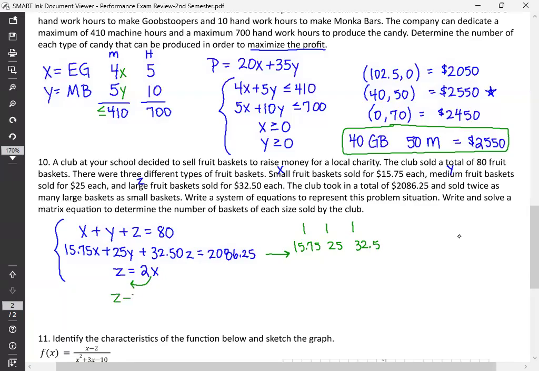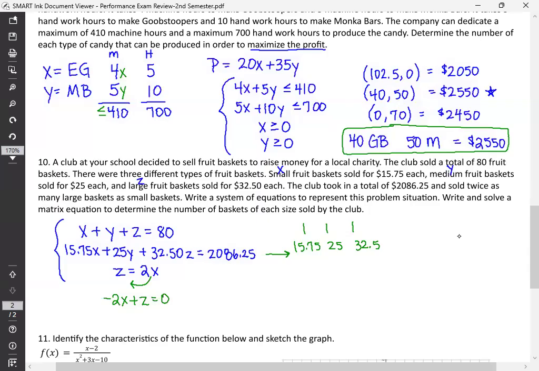That's going to make z minus 2x, or if we wrote it in order, put the x in front, so negative 2x and a positive z equals 0. It is also possible to subtract the z to the right, and then that would be positive 2x minus z equals 0. Either of them will work just fine.